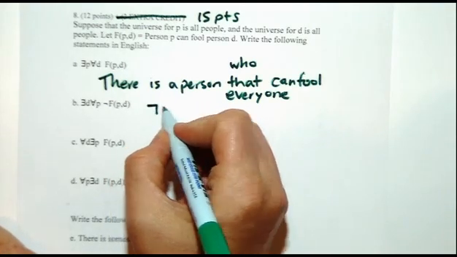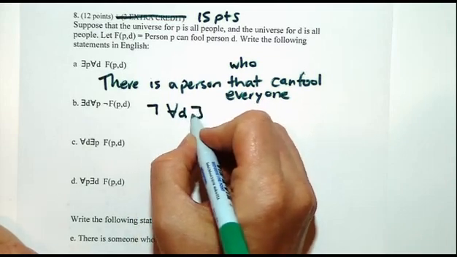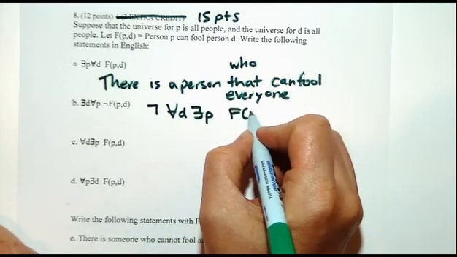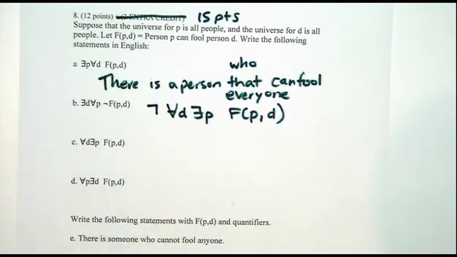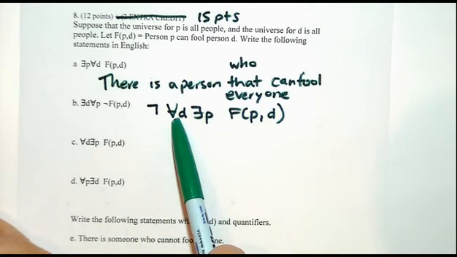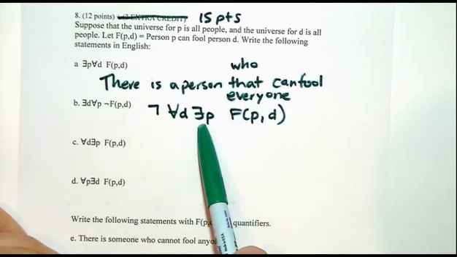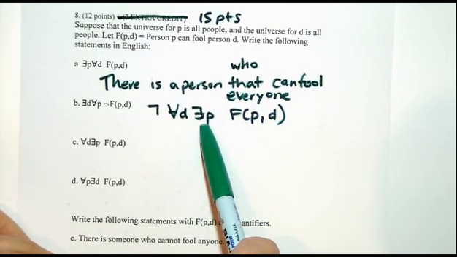If I move it to the outside, then I have for all D, there exists P, F of PD, right? That is logically equivalent. So now I'm going to talk about the statement for all D, there exists P, F of PD. So that means everyone can fool someone, right?